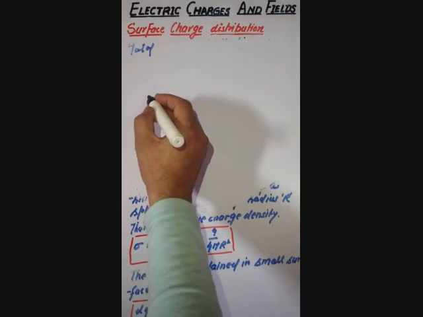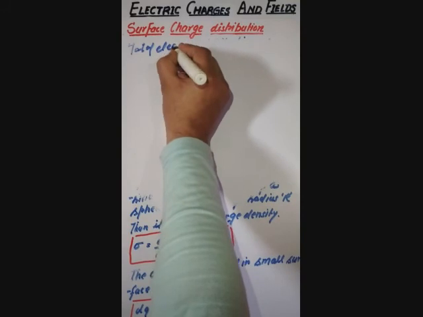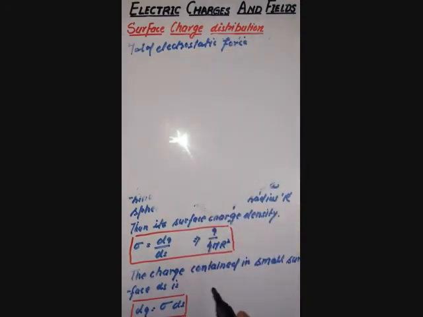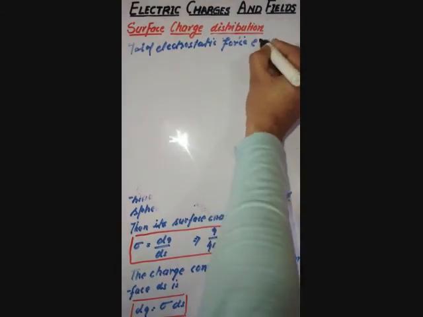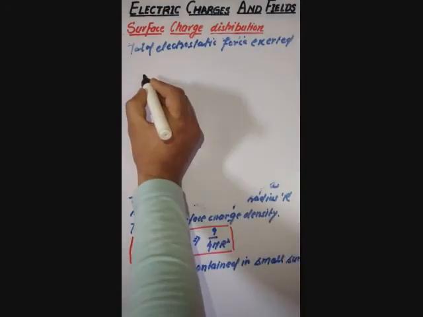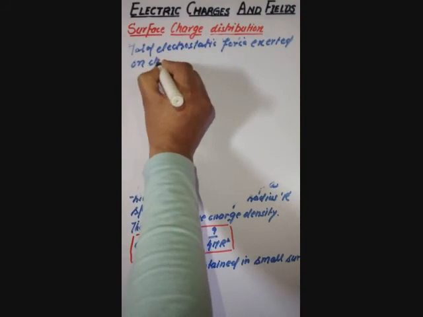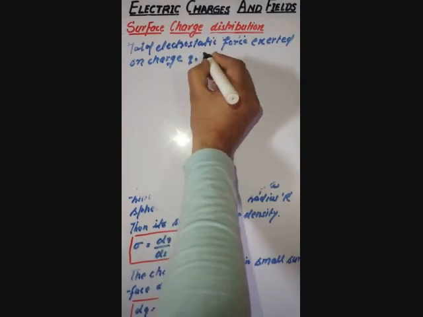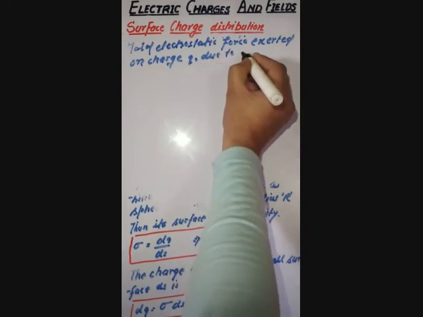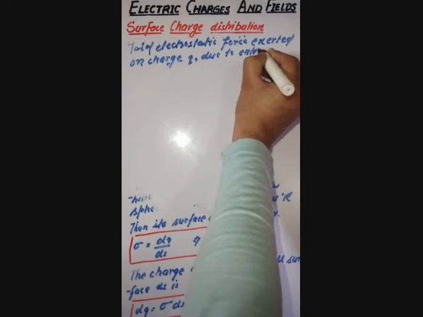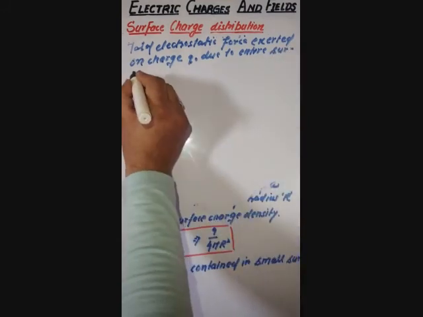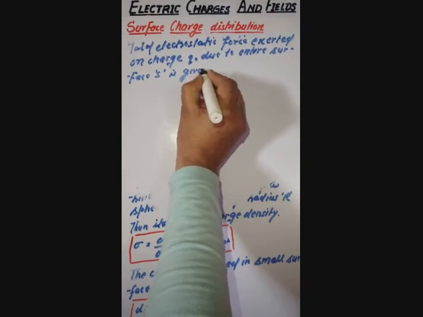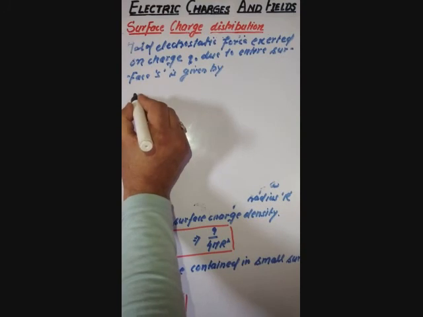Total electrostatic force exerted on charge, which is the small charge q naught, due to the entire surface S is given by Fs.